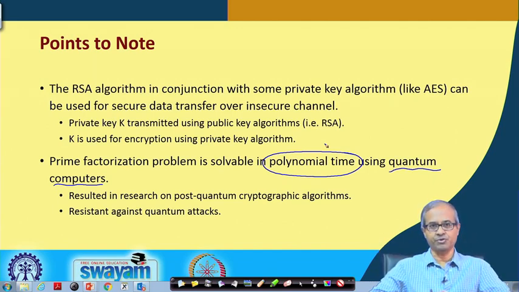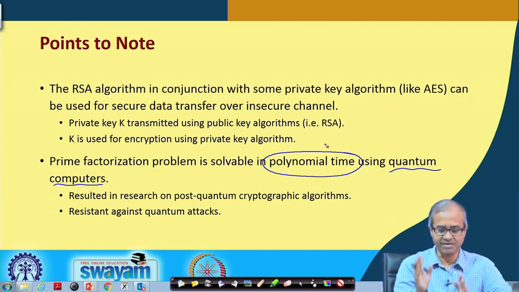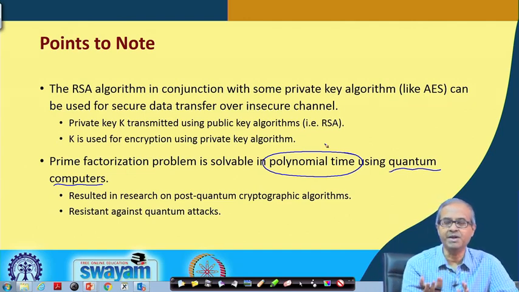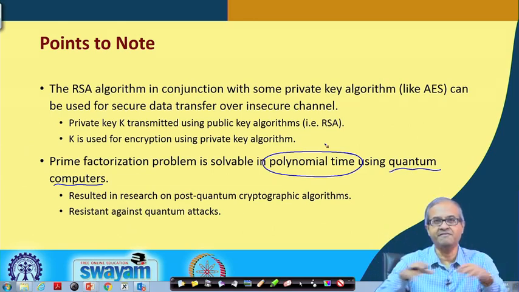But the way things are progressing, the day is not that far ahead when you will have a quantum computer that will be able to break this mathematical problem, break RSA, and your entire internet infrastructure will come crashing down. You cannot use any kind of online transactions as we use today, because everything can be broken.